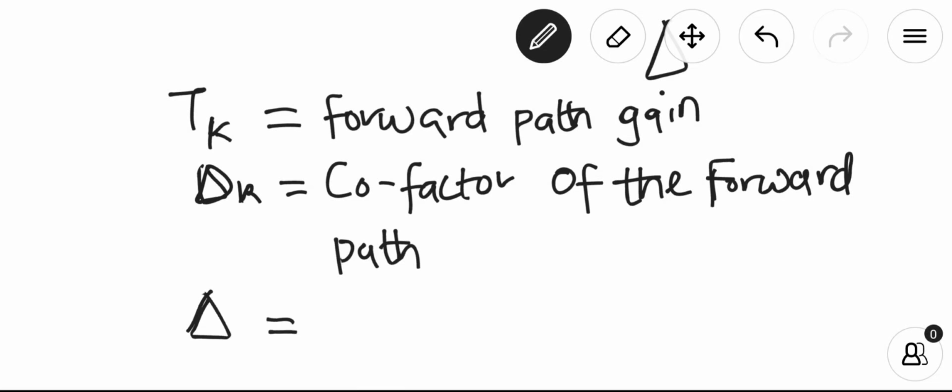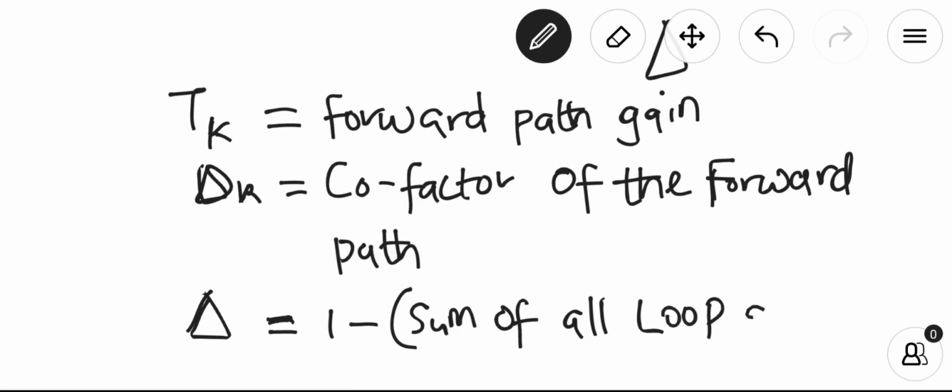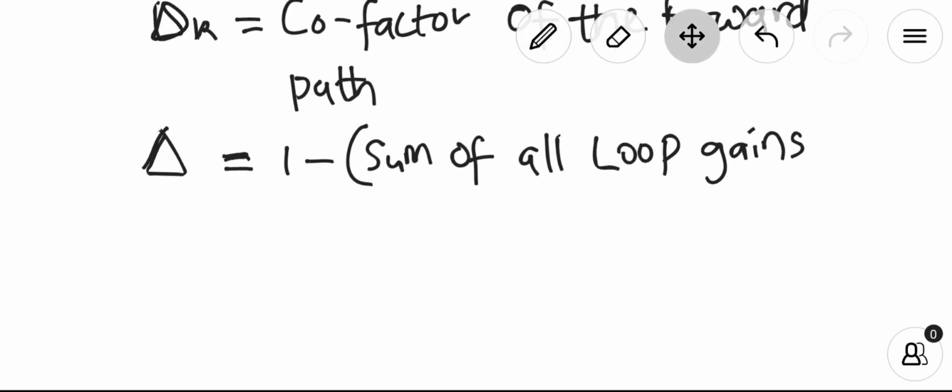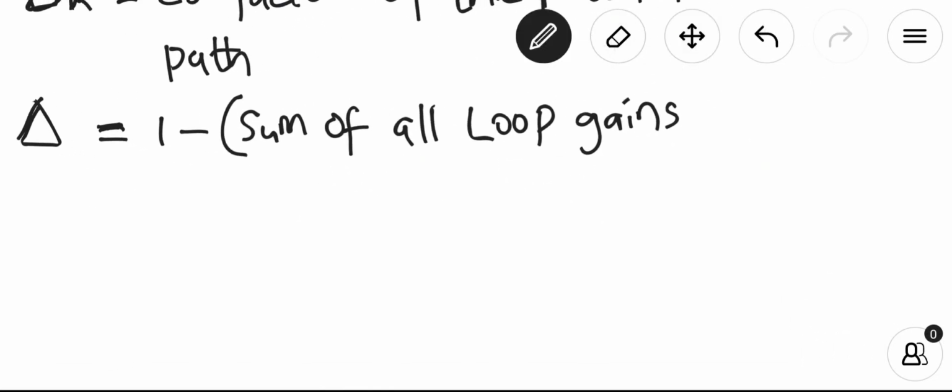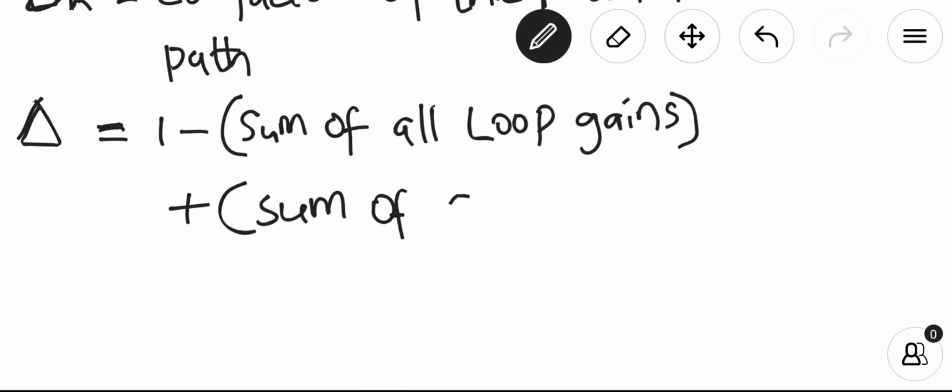It is from this determinant that you get the cofactor. The determinant is 1 minus the sum of all loop gains plus the sum of gain products of all two non-touching loops.